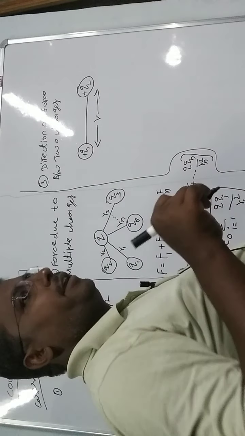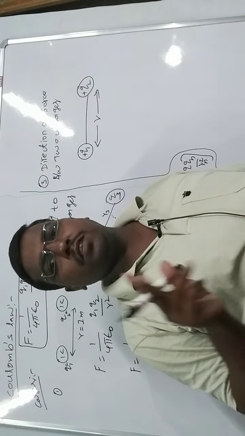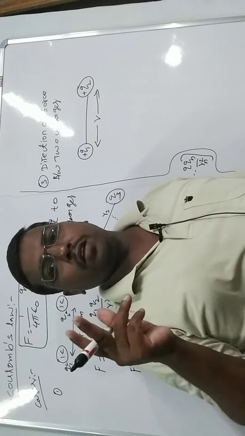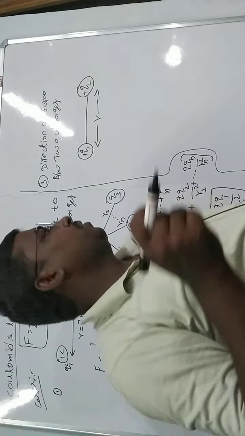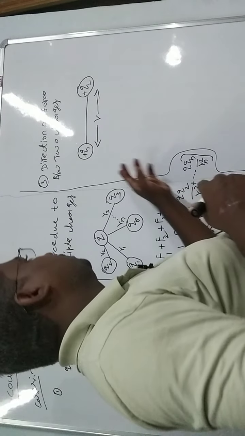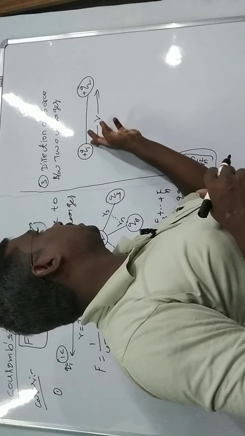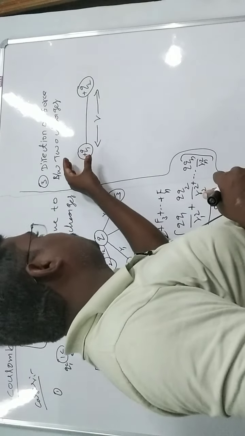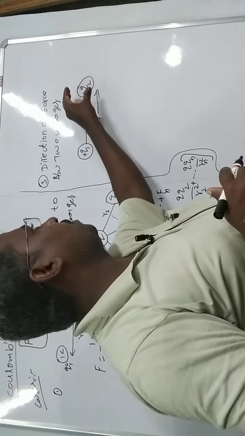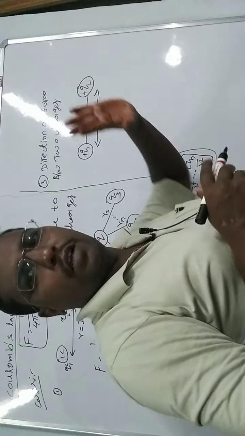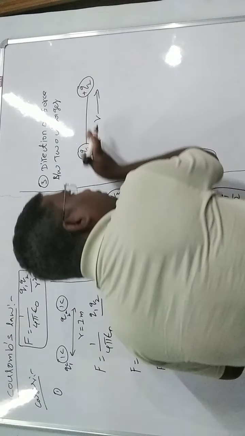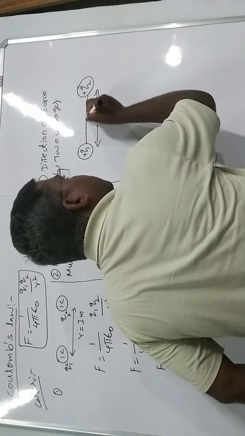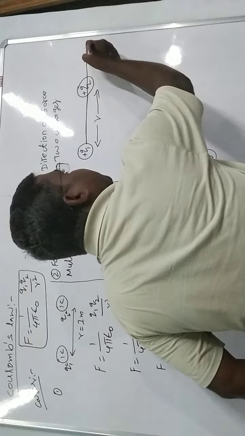Now, what is the direction of the repulsion force between these two charges? This direction is very important for our objective problems. First of all, the plus Q1 applies a repulsive force on Q2. That is, this Q1 pushes Q2 in this direction, towards the right side.